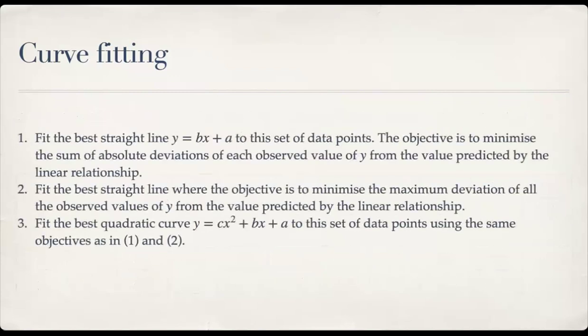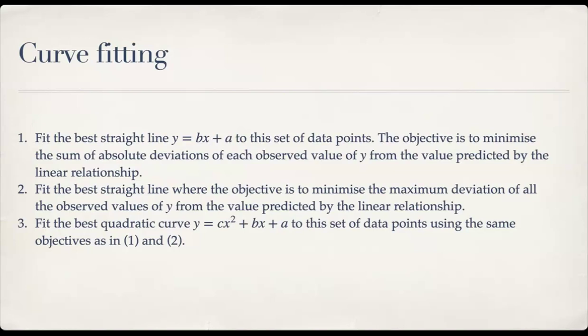So the question is, first, we're going to formulate the optimization problem in order to fit the best straight line in the form of y equals bx plus a, where b and a are constants, for the data given.